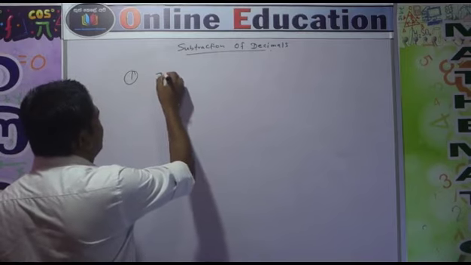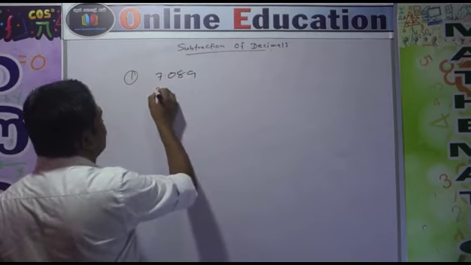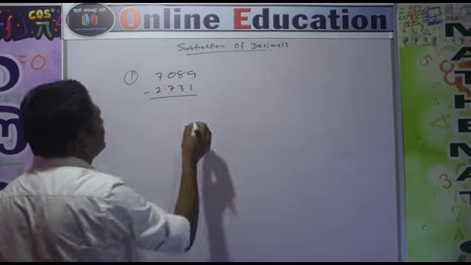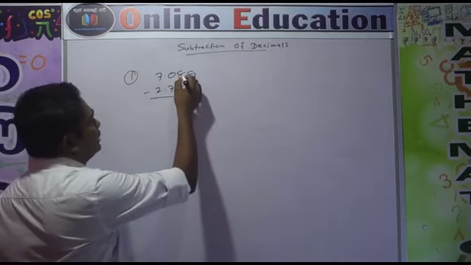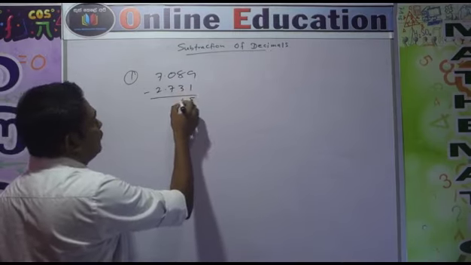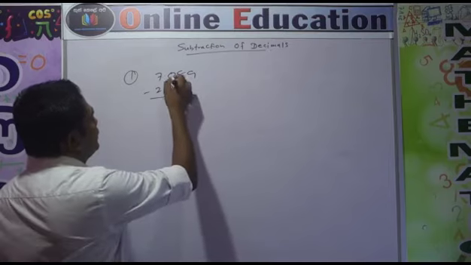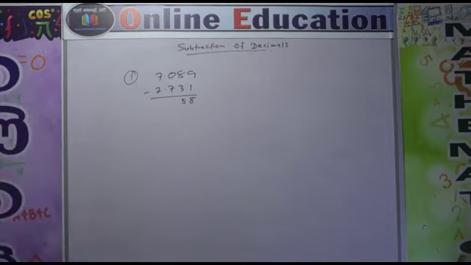Okay, 7.089 minus 2.731. You see, 9 minus 1, 8. 8 minus 3, 5. Here 0 minus 7. We can't subtract 7 from 0.